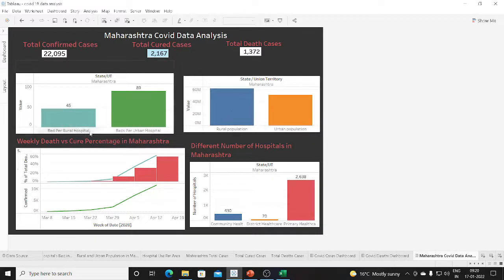Maybe people living in rural areas might not get much treatment for COVID, because there are fewer beds compared to urban areas, even though the population is higher in rural areas than urban areas. So maybe they have to increase the number of beds or hospitals for the people living in rural areas. It might be helpful for the locality as well.